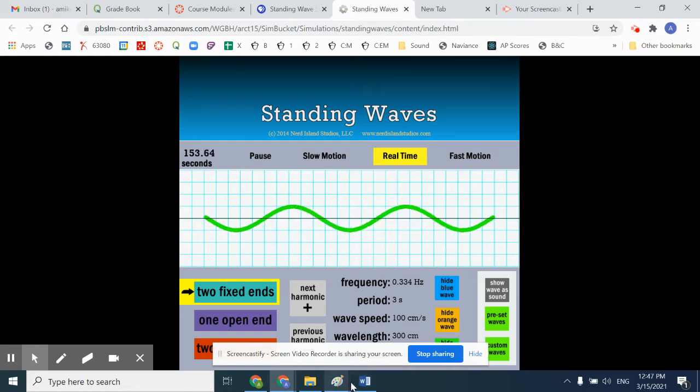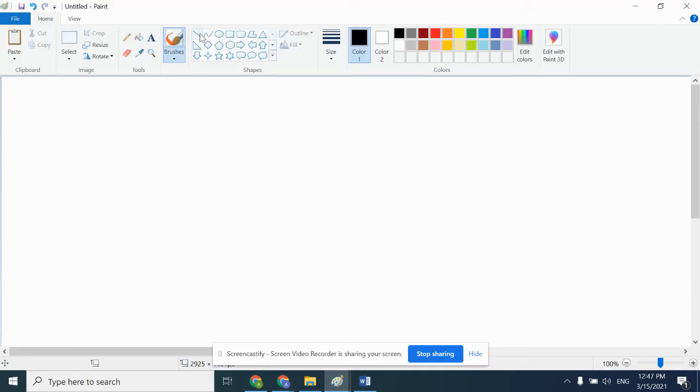Now, our focus for today is on string instruments. When we think about a string instrument, what we have to keep in mind is you have the string being pegged down on one end and then pegged down on the other end. So no matter what, you have to have two nodes on a string instrument.